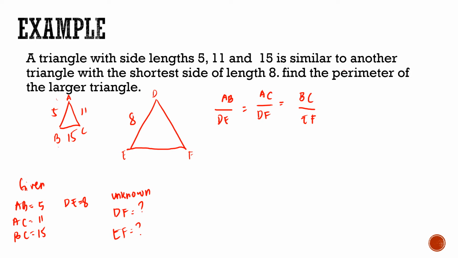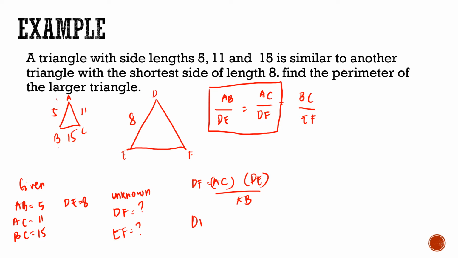So I'll be using this equation. To find DF, the formula will be, we cross multiply this and this. So that is AC times DE over AB.